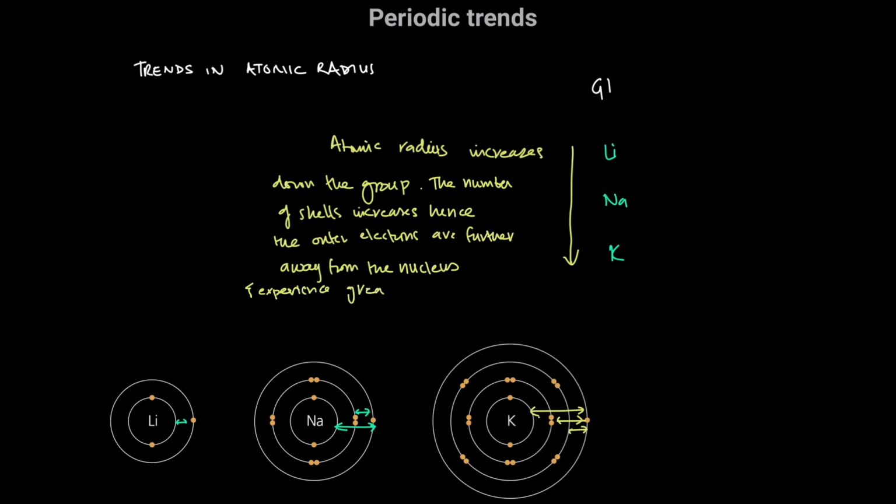Again, shielding is repulsion due to inner electrons. So because they're further away from the nucleus and they experience greater shielding, we can say therefore they are not as closely attracted to the nucleus.